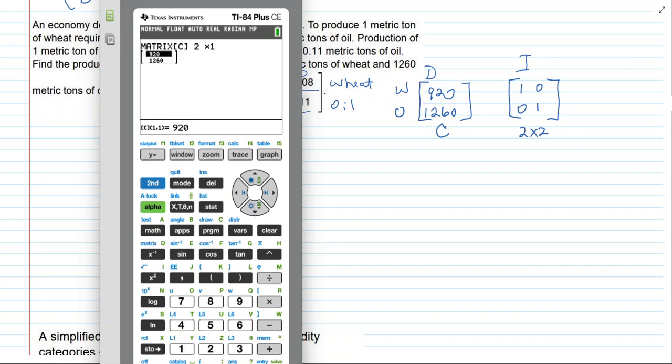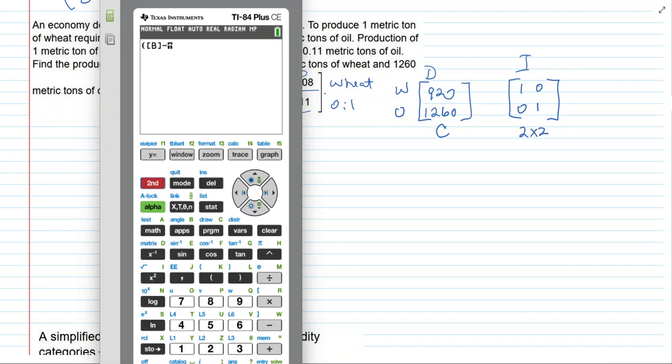Let me clear my home screen. And I'm going to go second quit. There we go. Parenthesis. Second matrix. I'm going to go to B for the name. Minus second matrix 1. Close parenthesis. Inverse.